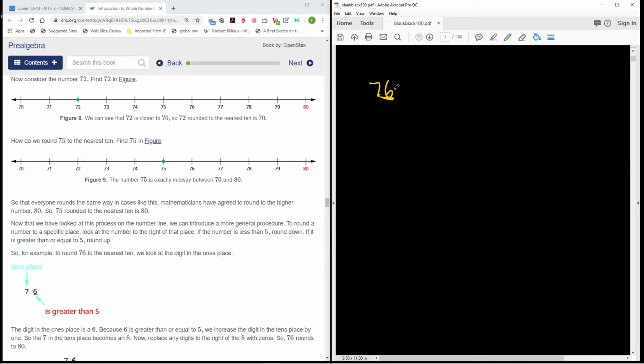You see that it's 5 or greater, so we round up. Now this symbol means approximately. So 76 will round to 80.